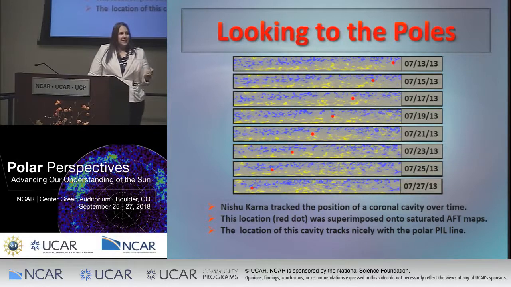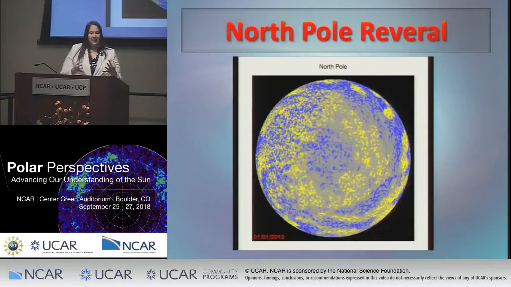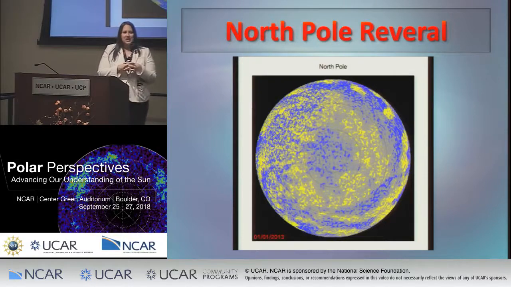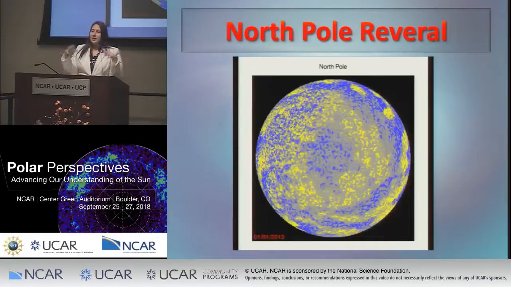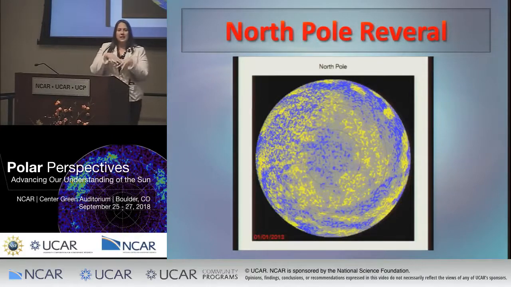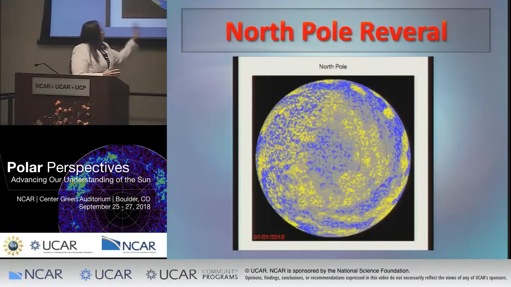But another really interesting thing that we're able to do with models is that we're not limited by a particular vantage point. And so one of the cool things that we can do is we can turn our orientation and actually look down on the surface, from a polar vantage point, looking down at the top of the sun to see what we might see. And so this is what I have here.